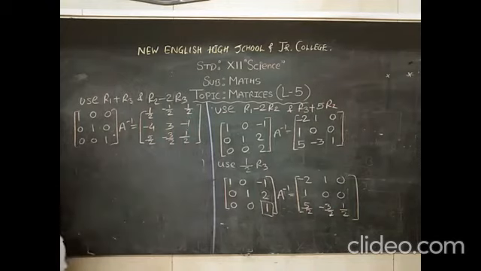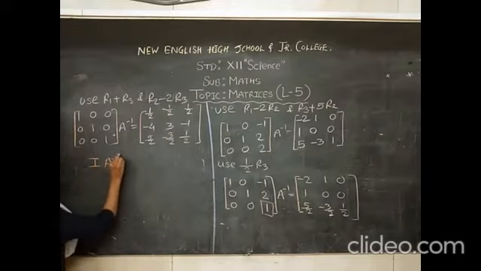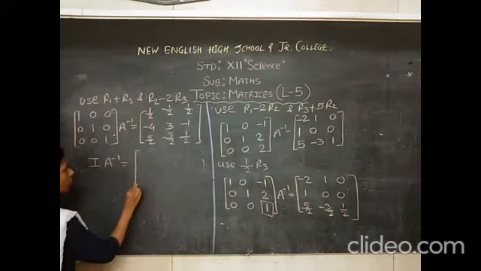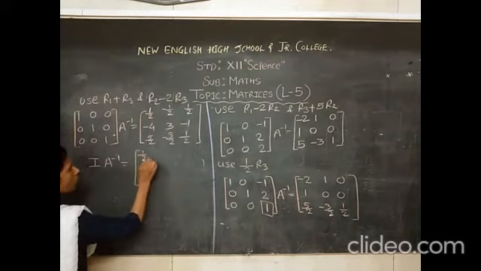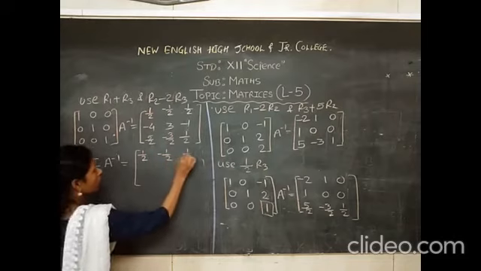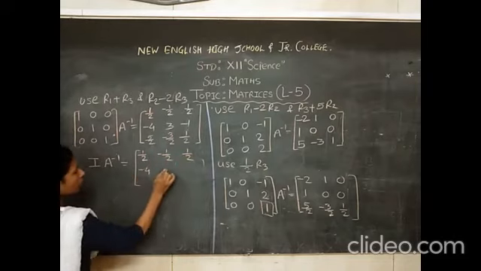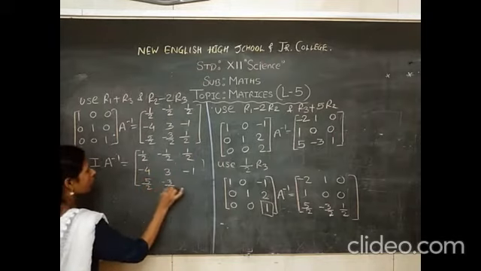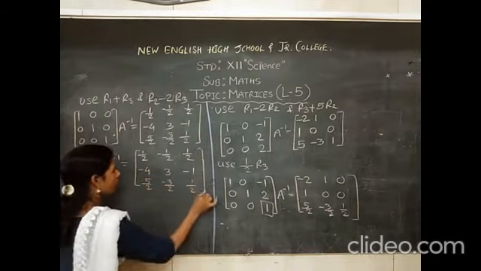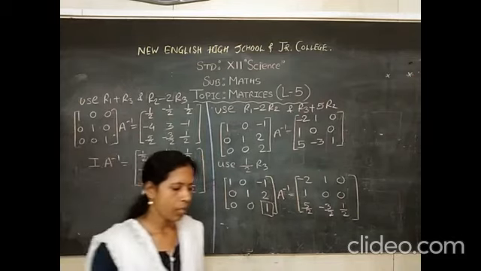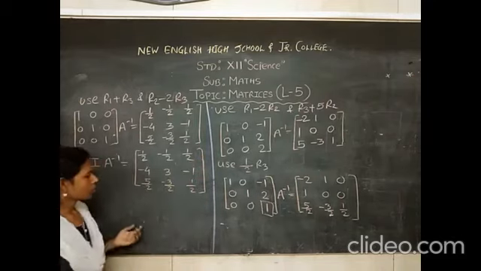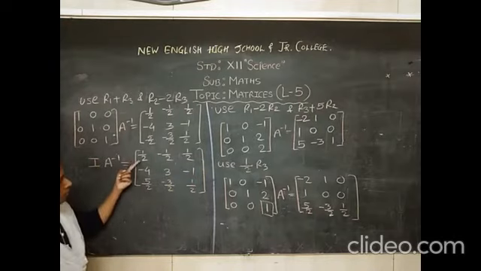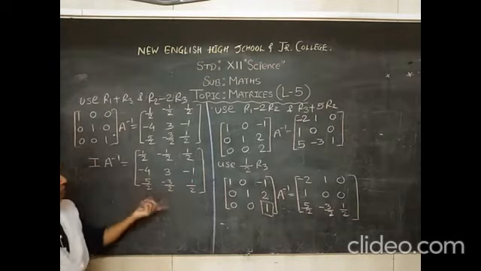Next, we have converted into identity matrix. I can write I into A inverse equals to this matrix: 1 by 2, minus 1 by 2, 1 by 2, minus 4, 3, minus 1, 5 by 2, minus 3 by 2, 1 by 2. You can write till here, or you can do one more step. You can see 1 by 2 is there in first row and second row.